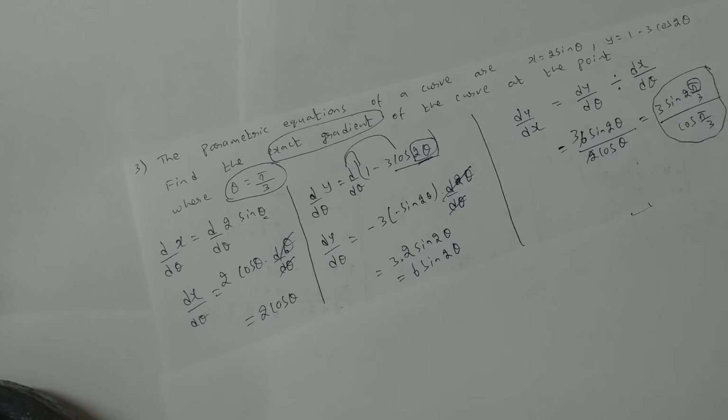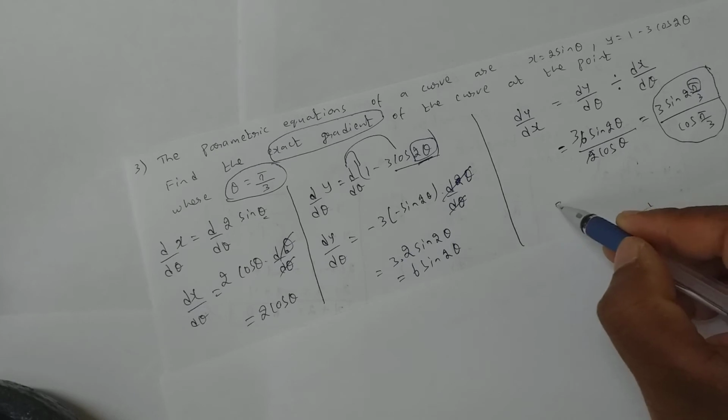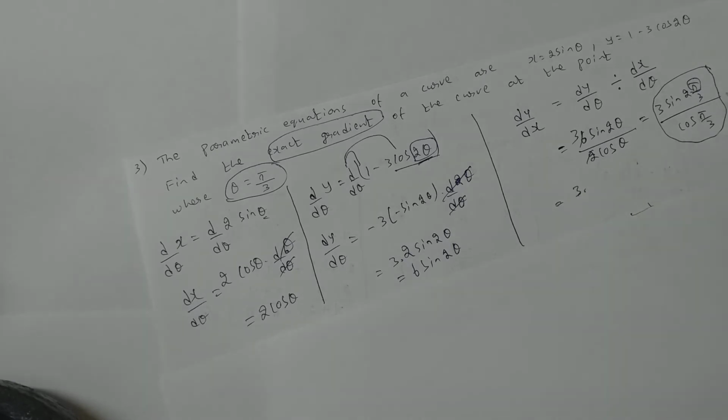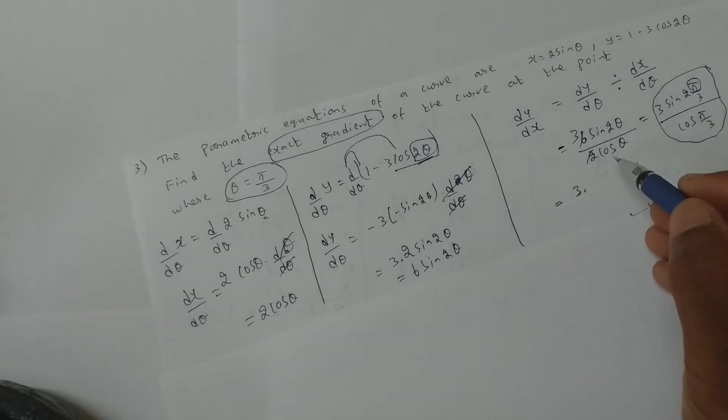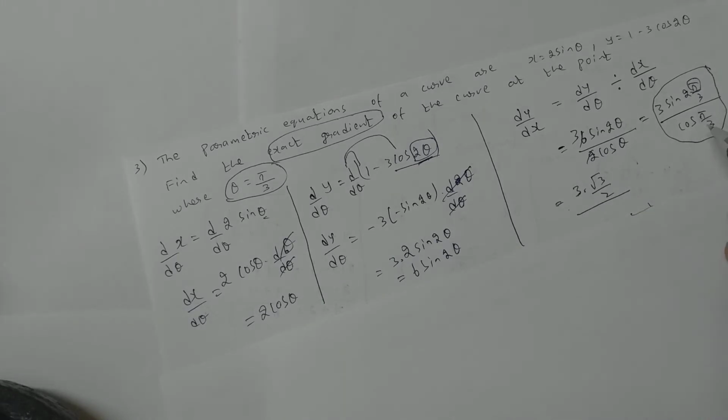You need exact, so it is 3 into sin 2 pi by 3. How much will it be? Sin 60, which is root 3 by 2, by cos 60, which is half. So 2 gets cancelled, you get 3 root 3 as the answer. Did you understand?